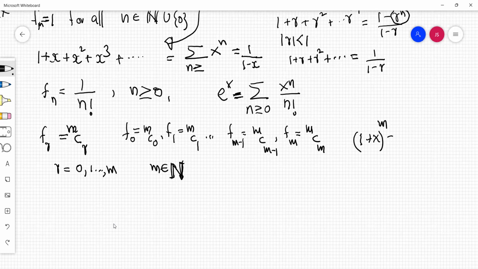It is equal to the sum of nCr x^r, where r goes from 0 to n, with nCr for r greater than or equal to 0.